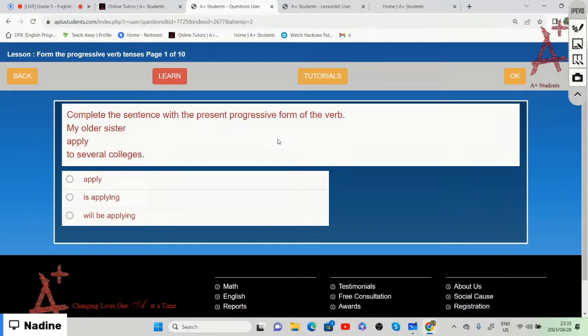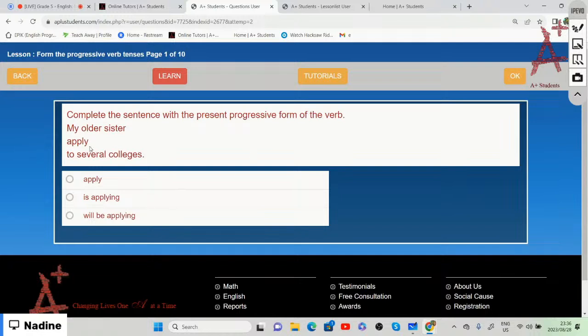Is it apply, is applying, or will be applying? We need the present progressive form, present, that is happening now.